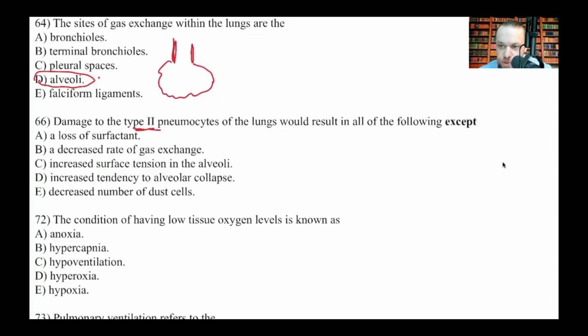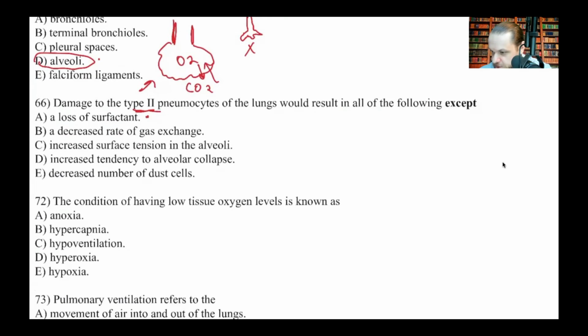Surfactant is not being produced, and so you have that collapse. You have atelectasis. We want the alveoli to be open, but they collapse. In the open areas you have good O2 and CO2 exchange, but in the collapsed ones you have very poor exchange. So type 2 pneumocytes actually make surfactant. For 66, the actual answer is E.